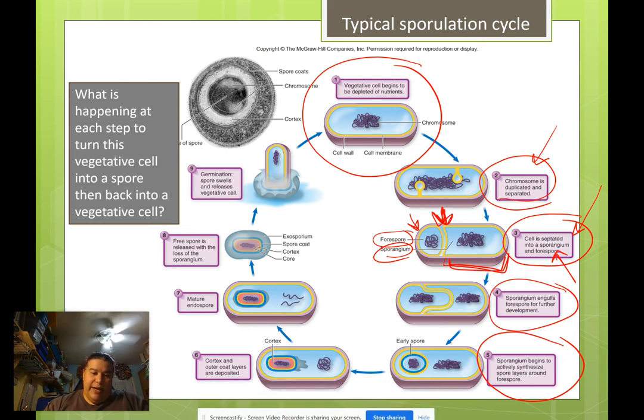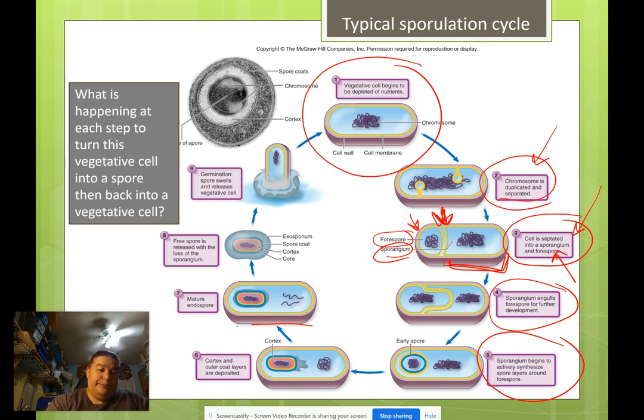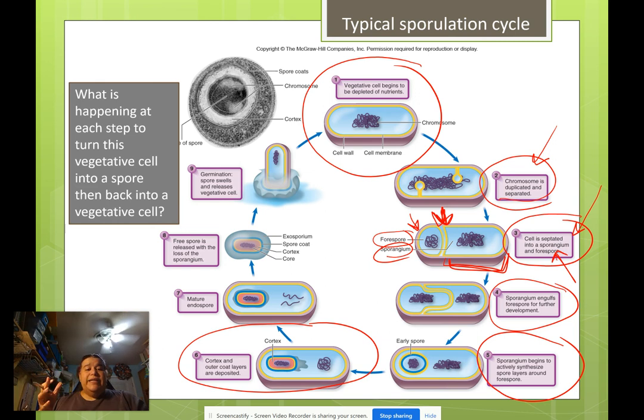I'm going to move this out of the way. The cortex, which is the outer layer, and the outer coat layers are starting to get deposited. So this is that copy of the genetic material inside of these layers. Think of a peanut M&M.